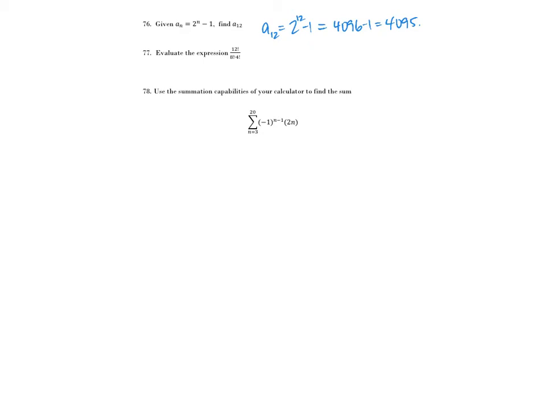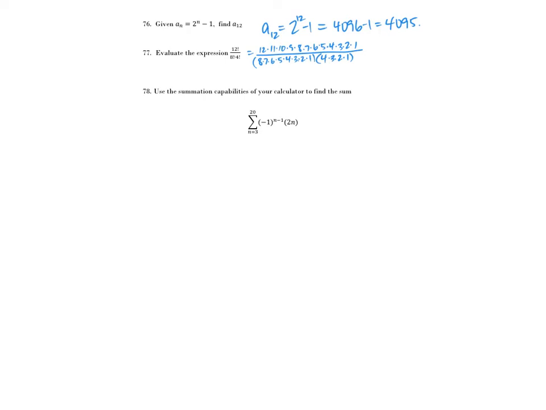So what is 12 factorial over 8 factorial times 4 factorial? Well, 12 factorial is 12 times 11 times 10 times 9 times 8 times 7 times 6 times 5 times 4 times 3 times 2 times 1, over 8 factorial, which is 8, 7, 6, 5, 4, 3, 2, 1, and then 4 factorial is 4, 3, 2, 1.